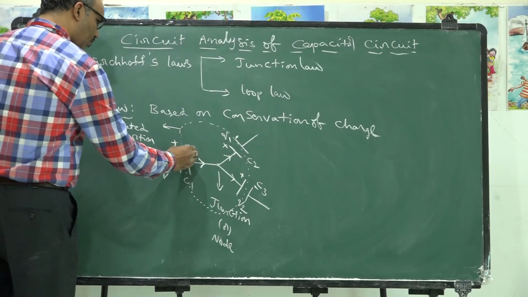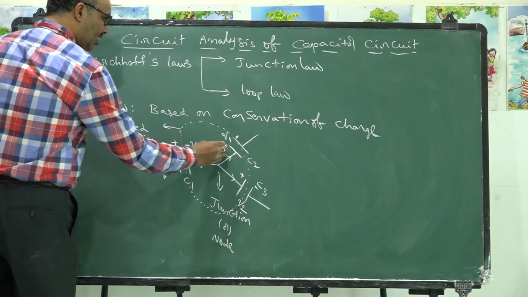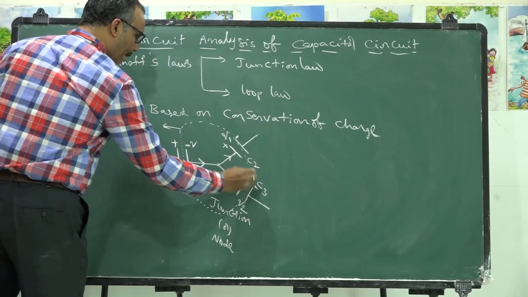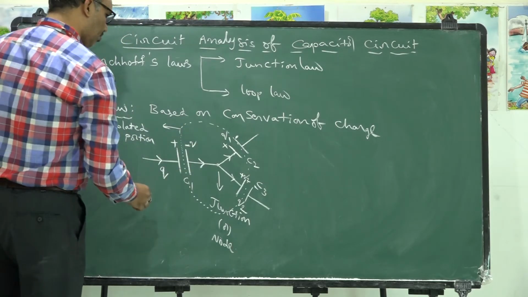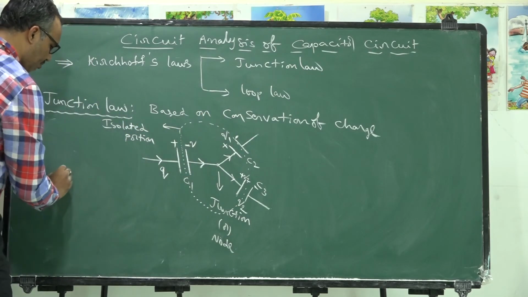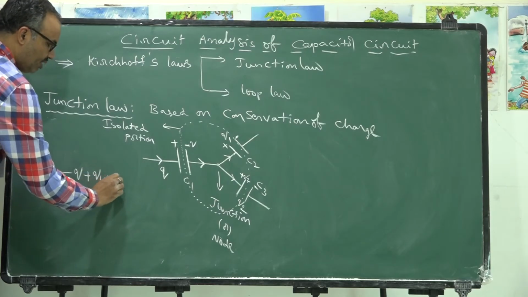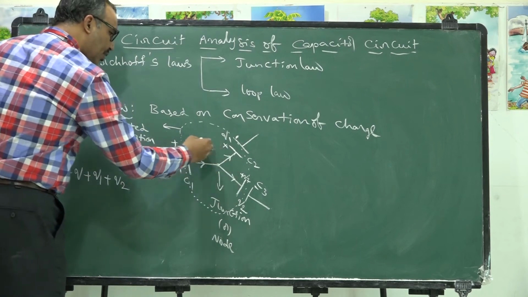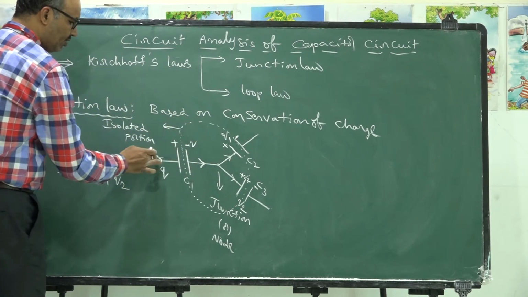It consists of minus Q charge here, plus Q1 charge here, plus Q2 charge here. Sum of the three charges, if you take, is minus Q plus Q1 plus Q2. This is the total charge available on the three plates once the passage of charge is observed.